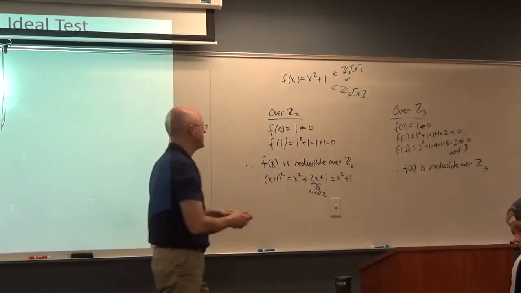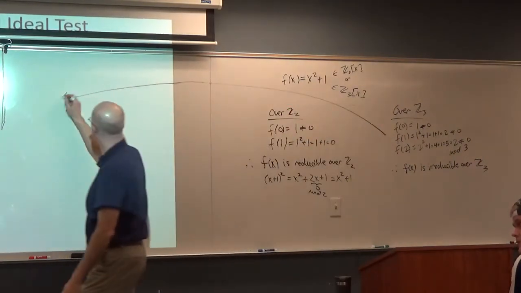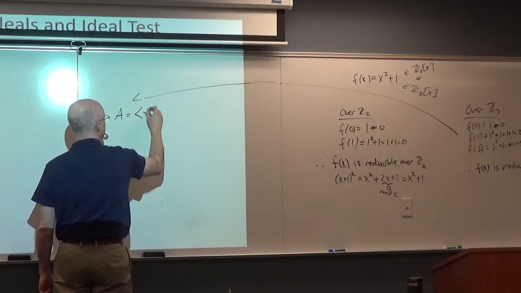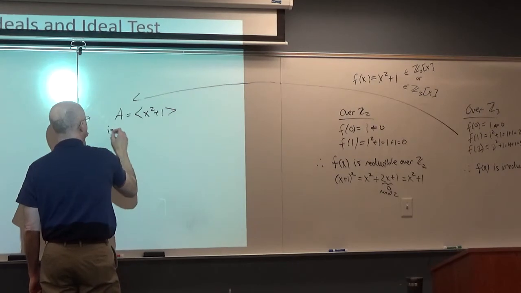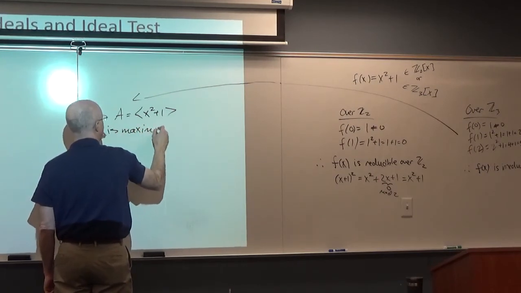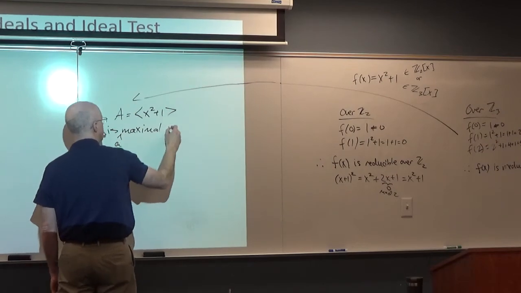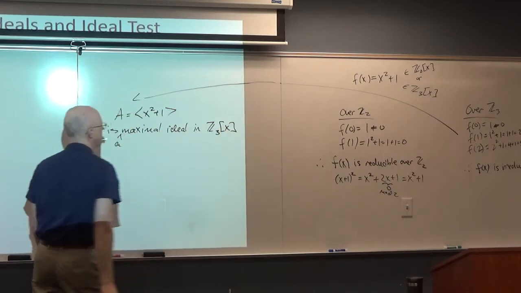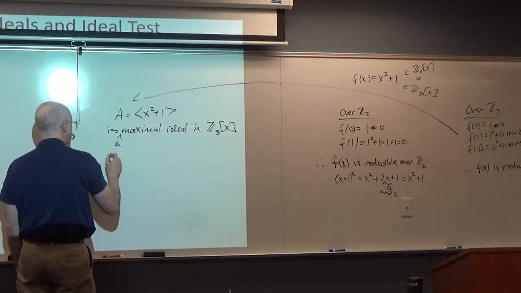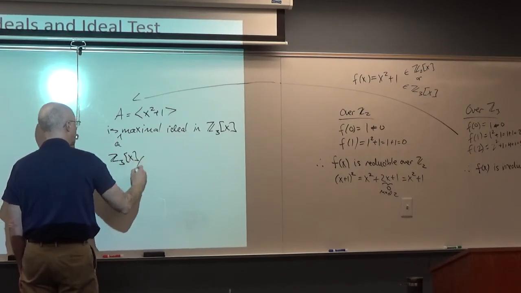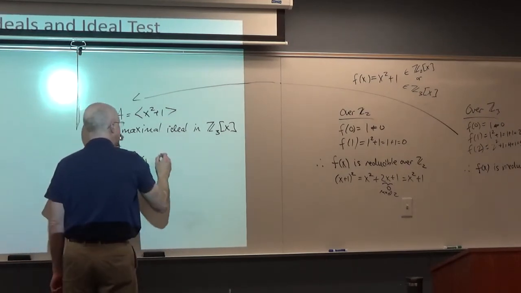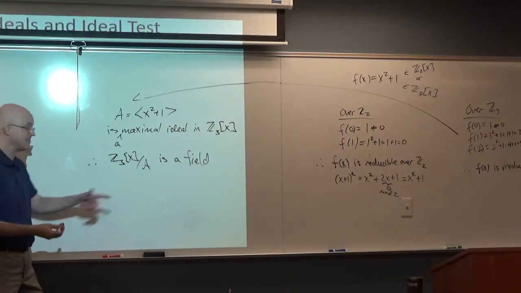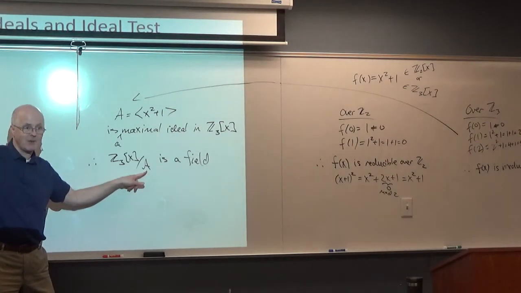So by the theorem I just showed you, that you didn't really have much time to look at, if I let, in that situation, A be the ideal generated by x squared plus 1, this is a maximal ideal in that polynomial ring. Therefore, the factor ring, quotient ring if you like, is a field by that theorem, because A is maximal.